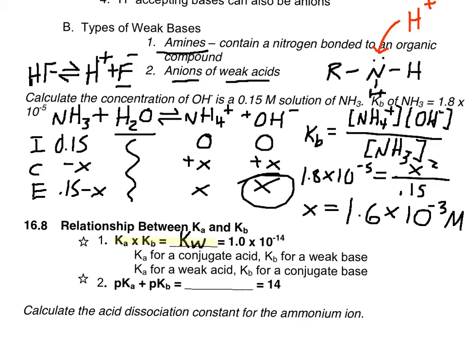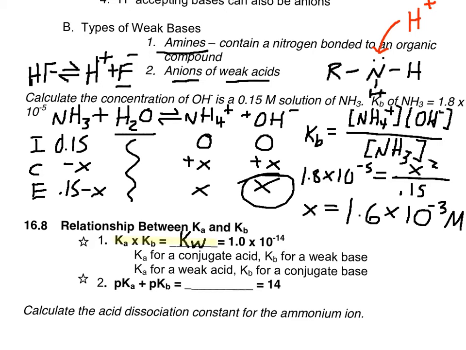And then another good relationship to know is pKa plus pKb. What's a pKa and a pKb? Well, it's just like a pH. A pH is the negative log of the hydrogen concentration. So a pKa is the negative log of the Ka.